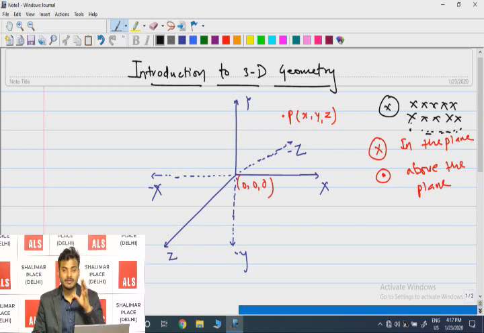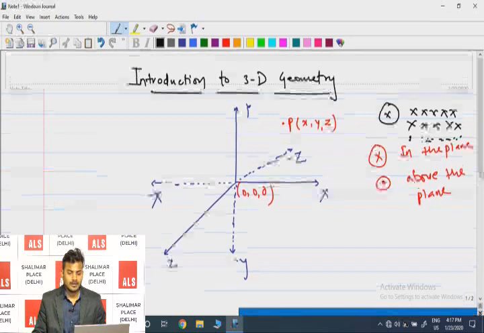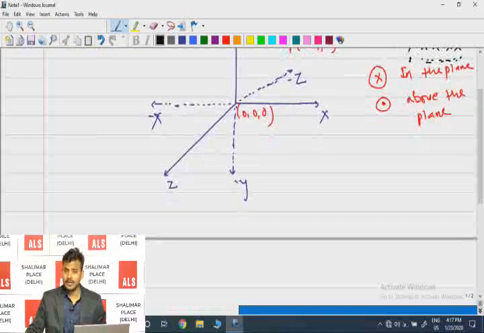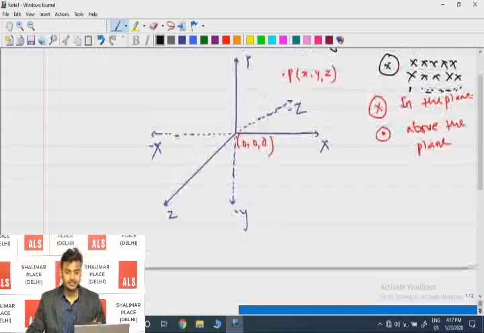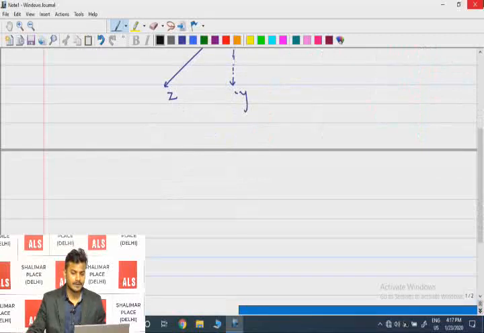So that time it will be really helpful. If it is a cross sign, it means in the plane, always remember. If it is a dot sign, it means outside the plane, or above the plane, towards you, away from you, like that.